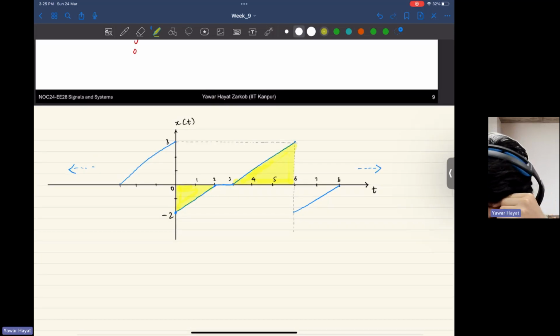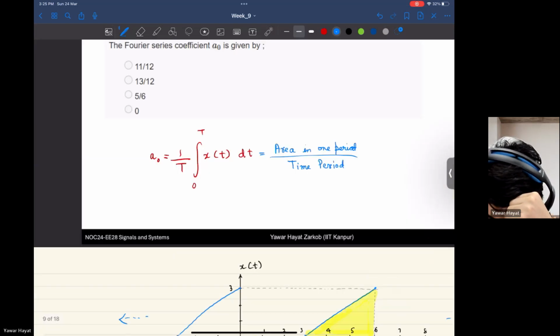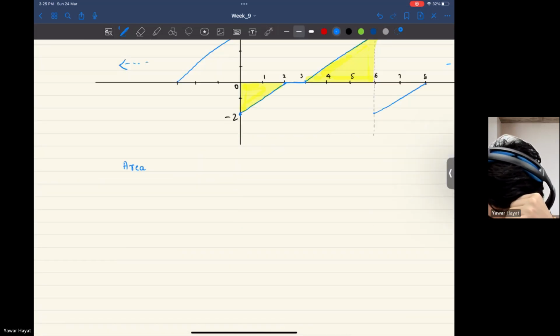So let's find this area. Area in one period, 0 to 6.